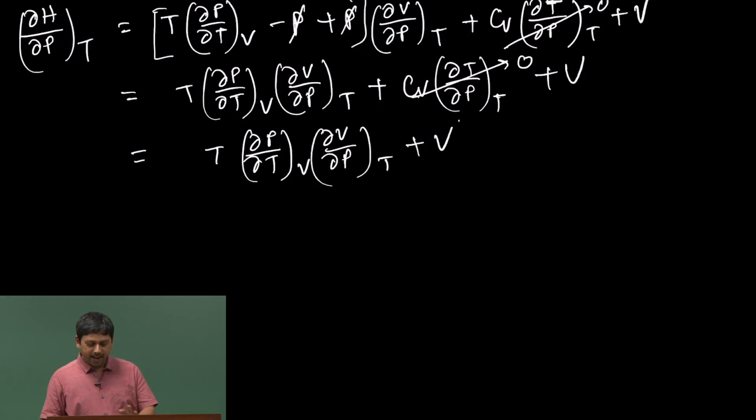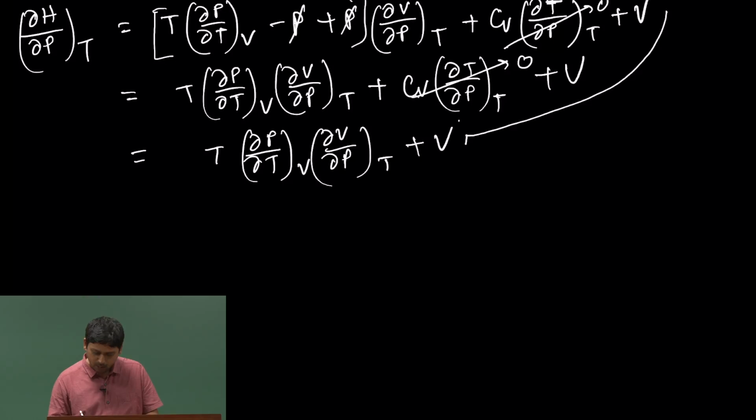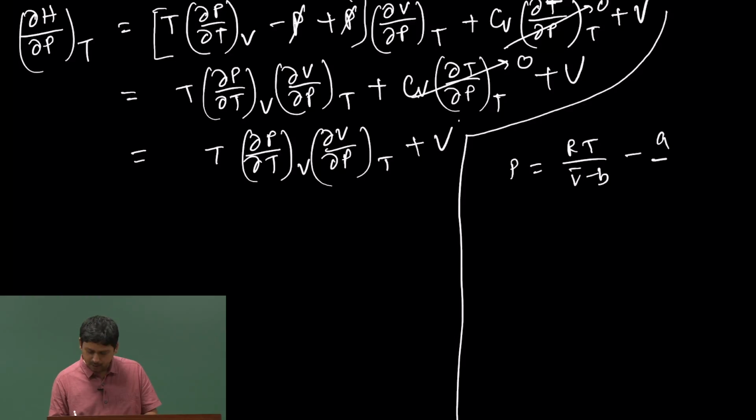Now, we are going to go back and derive this quantity for the van der Waals gas situation, and we know how to do that now. P equals RT by V minus b minus a by V squared. I am going to take the derivative with respect to T at a constant volume, which means I am going to get R by V minus b.